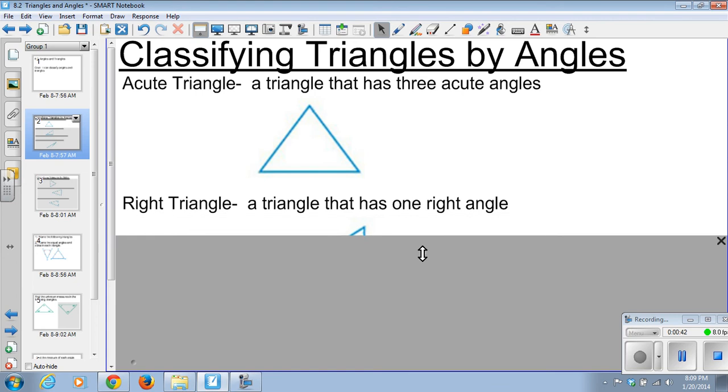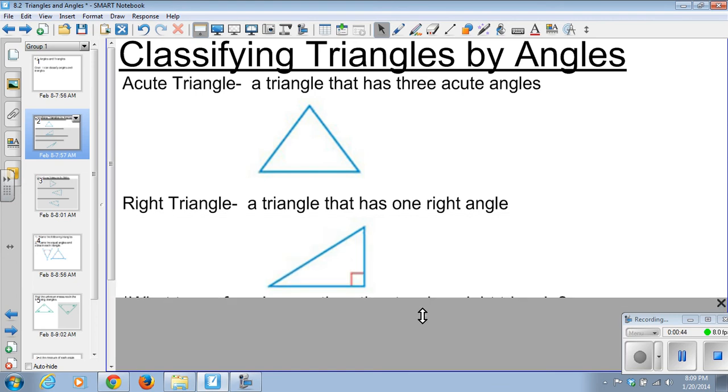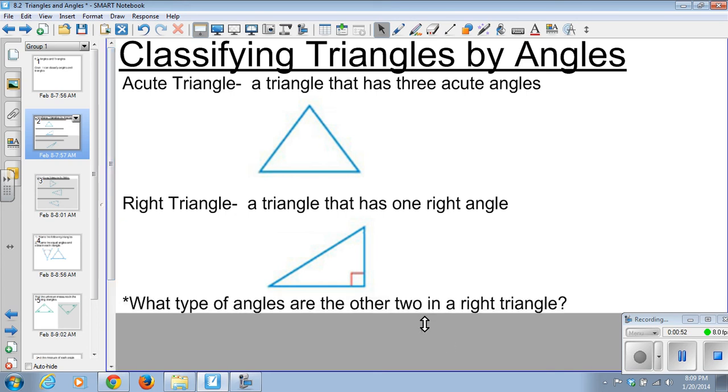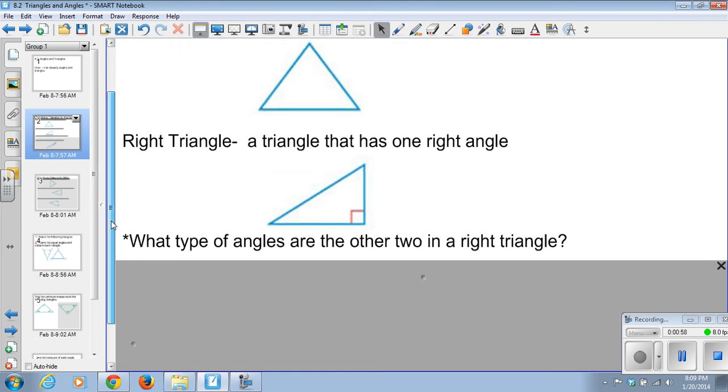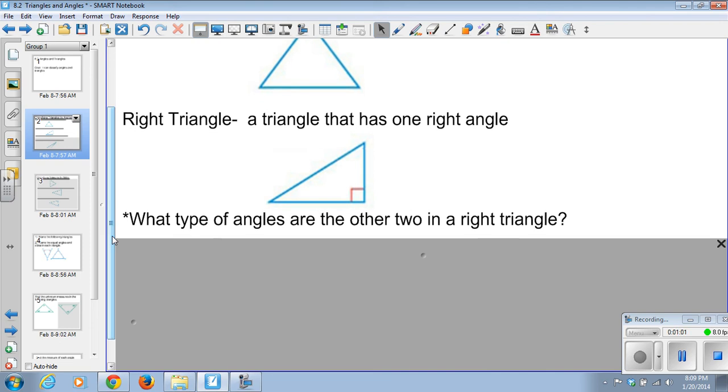Our next triangle is a right triangle. This is a triangle that has only one right angle, and we all better know that right angles equal 90 degrees. So if we have a right triangle, what types of angles are the other two? Well, we know that a triangle has 180 degrees total.